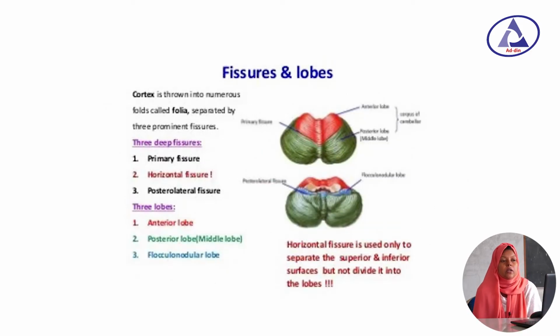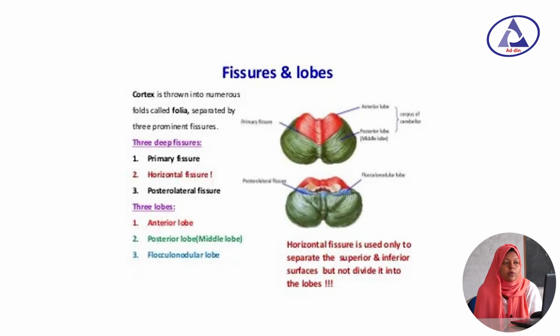What about the fissures and lobes? This is a very important topic for the cerebellum. In viva it is usually asked what are the fissures and lobes. Cortex is thrown into numerous folds called folia, separated by 3 prominent fissures.